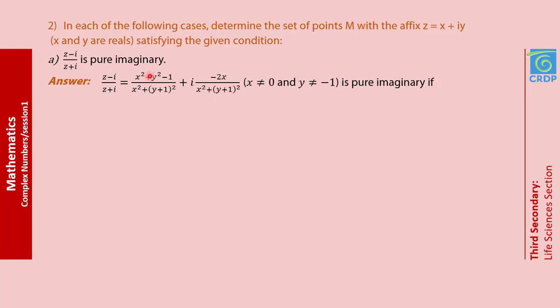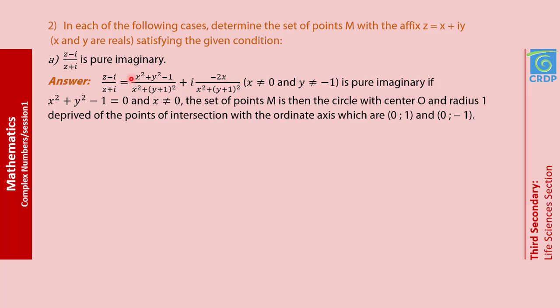The quotient is pure imaginary if its real part is equal to 0. Then when the numerator x squared plus y squared minus 1 is equal to 0, and at the same time we must have x different from 0.